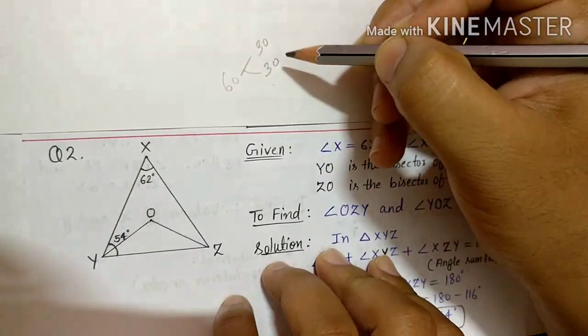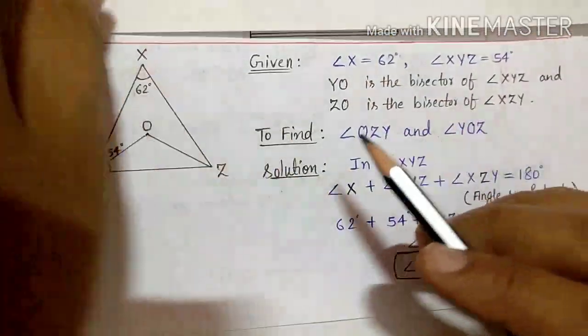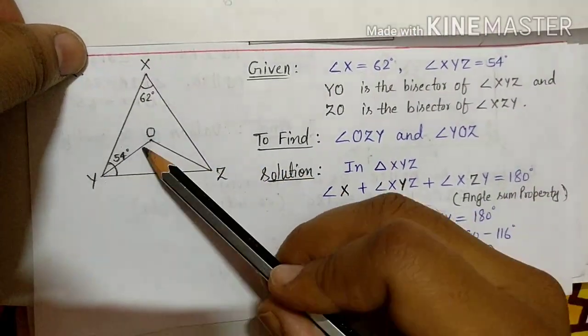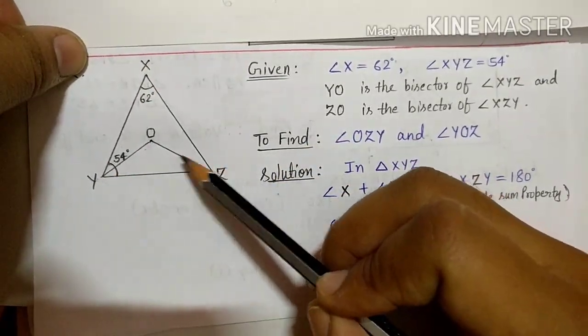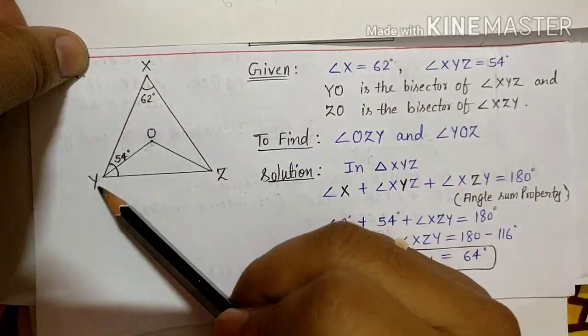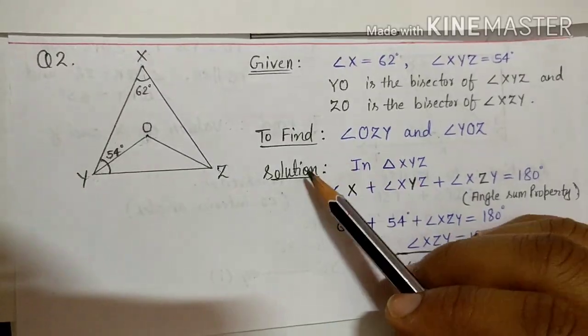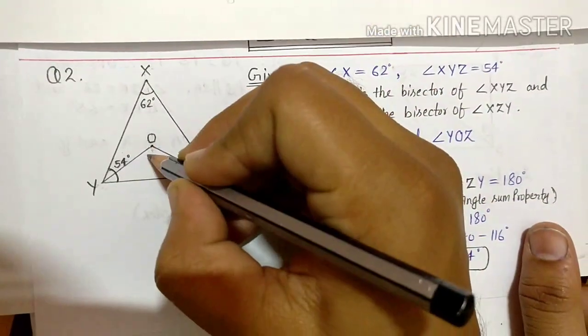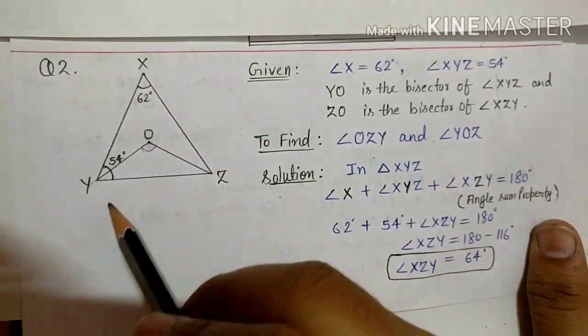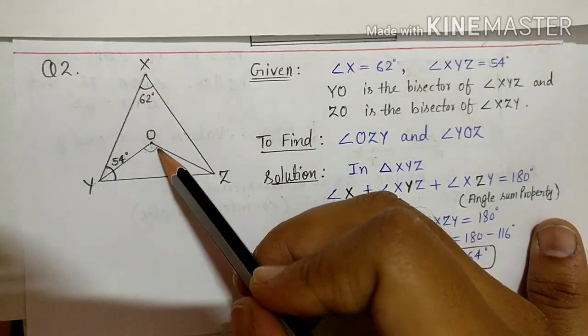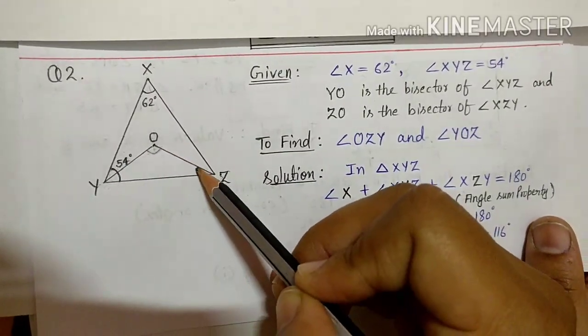That is called a bisector. So now YO is the bisector of angle XYZ and ZO is the bisector of angle XZY. Now we have to find this angle, that is YOZ, and OZY also we have to find out.